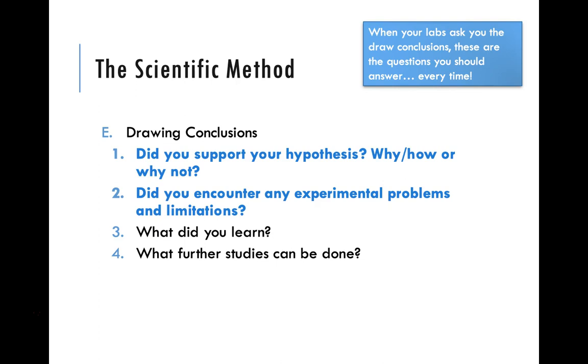Did something go wrong in your experiment? Is there a better hypothesis for this question? And are there any limitations in the experiment? So all of those things need to be addressed. And finally, from this, you also need to realize what you've learned from the experiment and whether or not you need any more further studies.